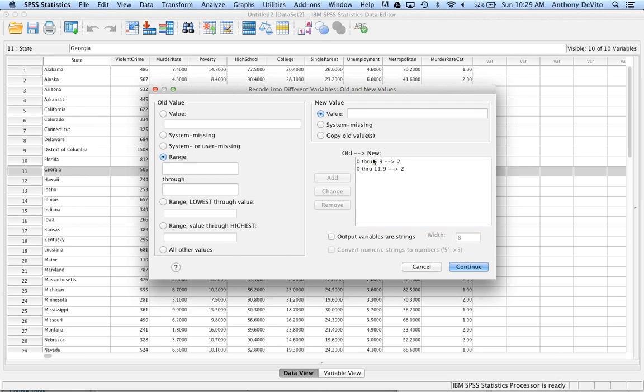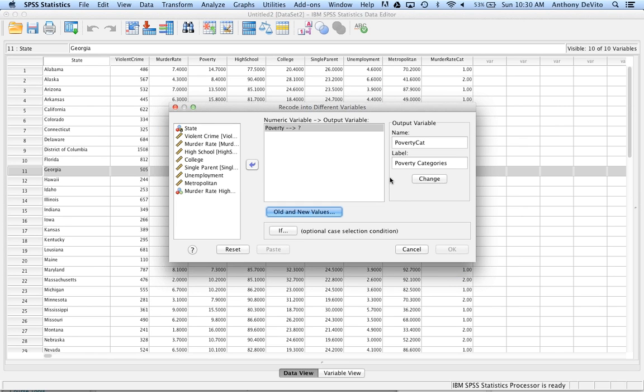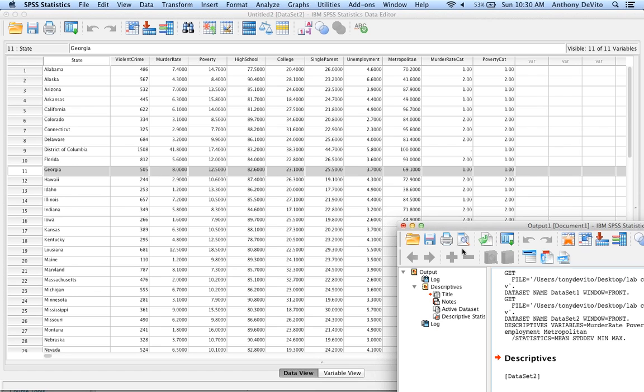I've got to get rid of this. The next one is going to be 12 through, I'm going to call it 30, just to make sure I'm covered. That value is going to be 1. I'm going to say continue, go ahead and convert the variable, and say OK.